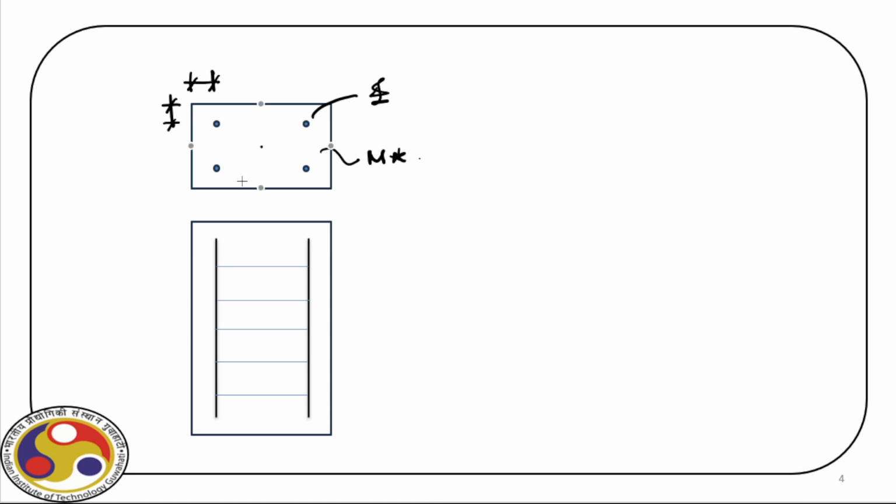So, if we draw the centroidal axis, which is along this line, now, as you can see, we assume the load is acting at this center point. The point to be noted here, if you look at the arrangement of steels, they are symmetric. Okay. We will design a column with a symmetric steel arrangement.